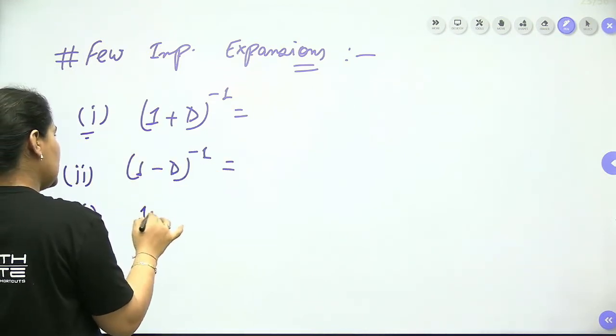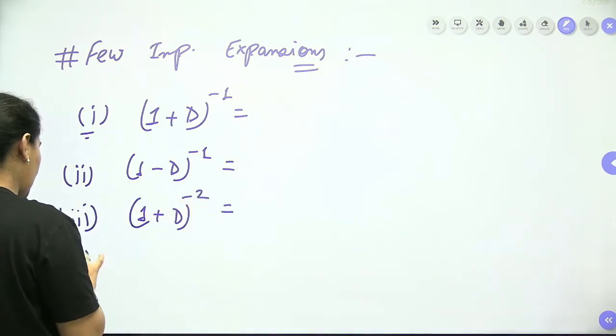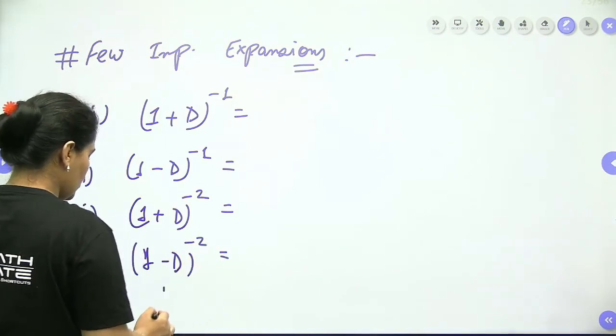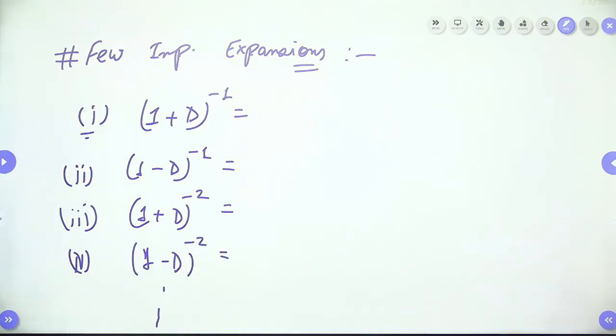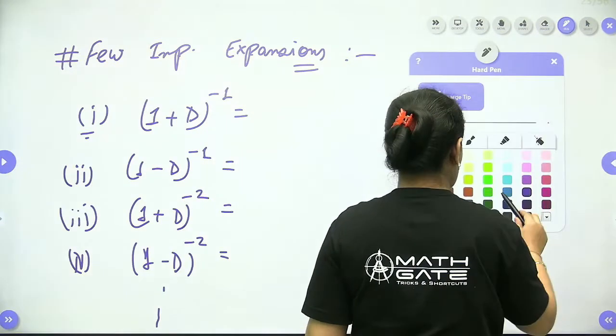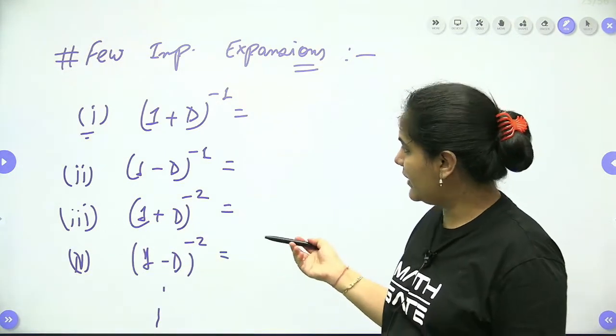The next is (1 plus D) power minus 2. The next is (1 minus D) power minus 2, and so on. We can make these 4 or more. Similarly, we can have discussion on so many expansions, but among those expansions, these 4 or 5 are important.